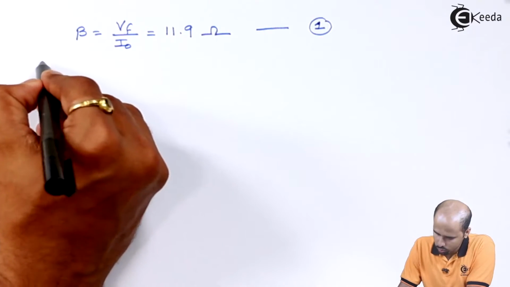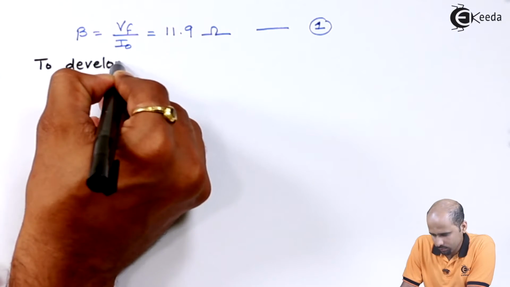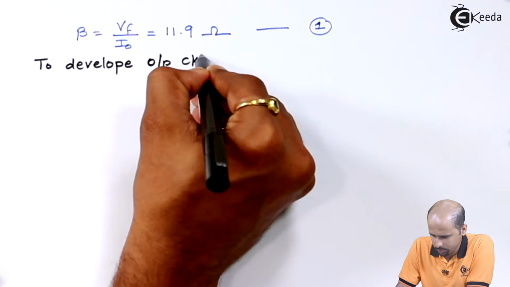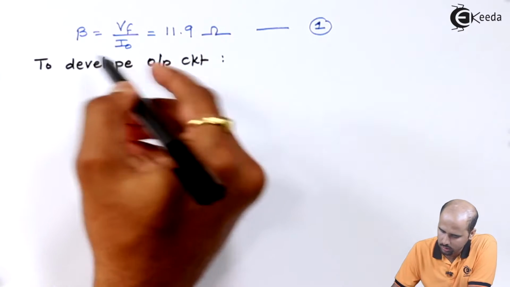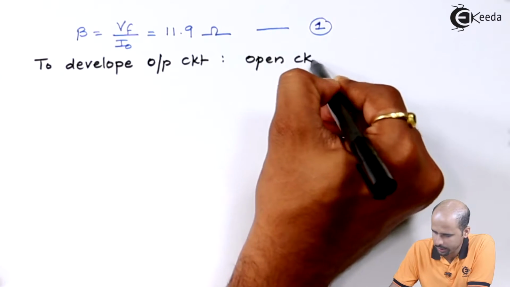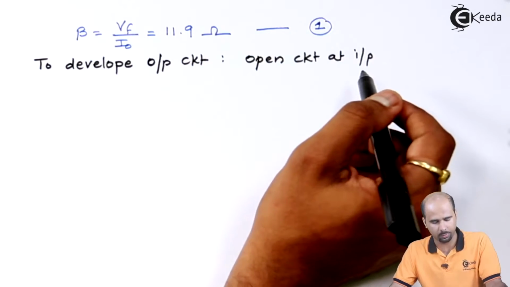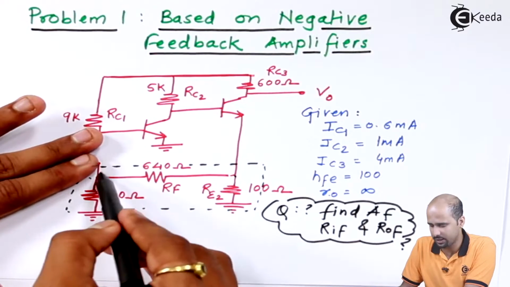To develop the output circuit, as the connection at the input side as well as the output side is series, both sides will have to be open circuited. So to develop the output side, open circuit at the input. If the input is open circuited, that means VS is open circuited, don't connect this particular input side at the feedback side.